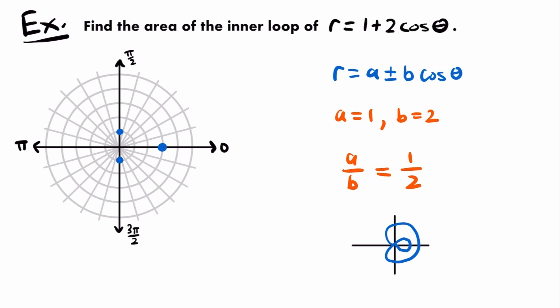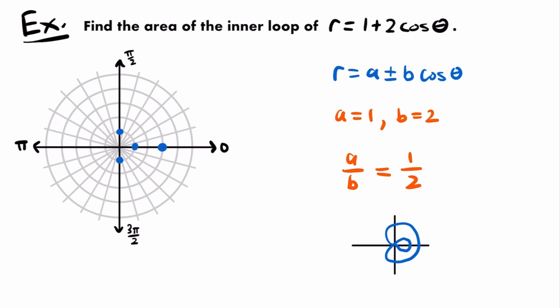And then finally, we know that the inner loop is going to reach in to a radius of the absolute value of the difference between a and b. So a minus b, or 1 minus 2, is -1, and the absolute value of -1 is +1. So we're going to be at a radius value of +1 along the angle of 0 with that inner loop. So right here, where the radius is 1, we're also going to have a point.